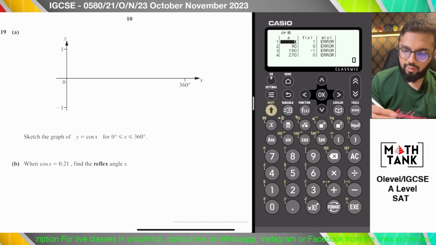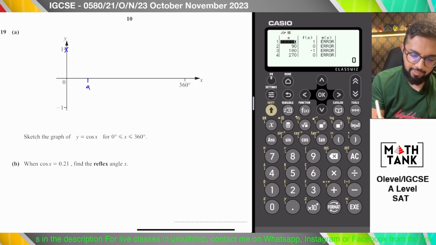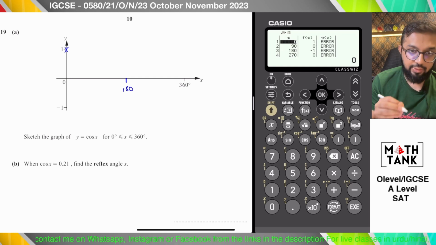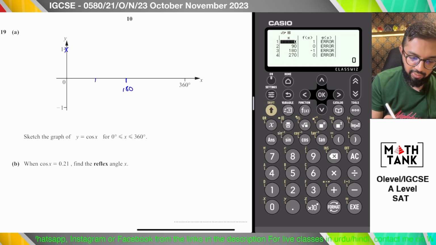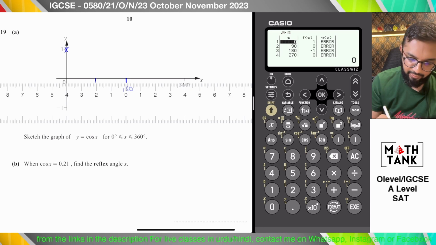You have your function at 0, you have to plot 1. So you start from here, then you plot a 90 and you go down to 0, then you plot a 180, you go down to minus 1. I should split this equally because I'm really far away. I should do this with a ruler probably, but I am a little reluctant to use the ruler right now, although I have it on the screen.